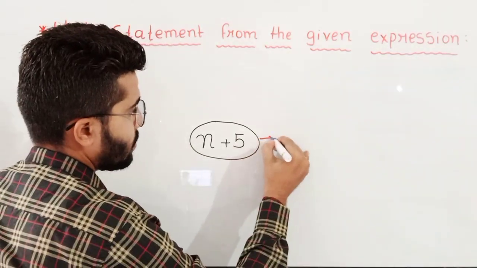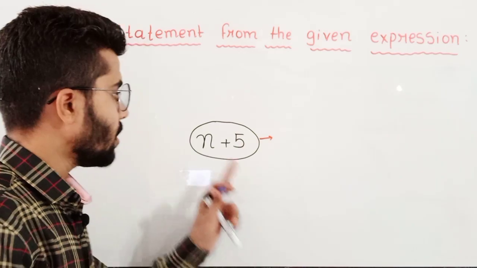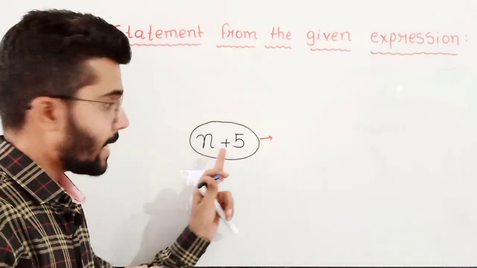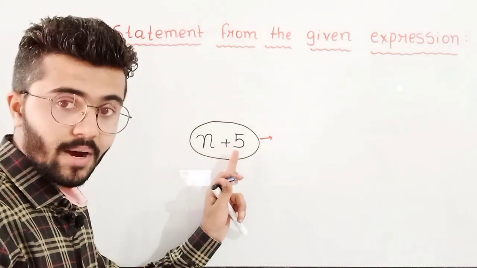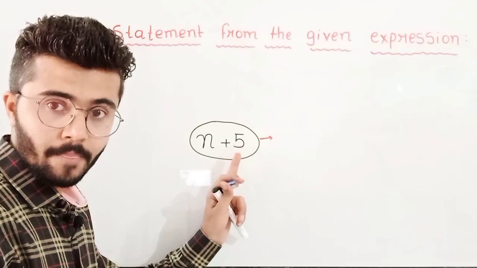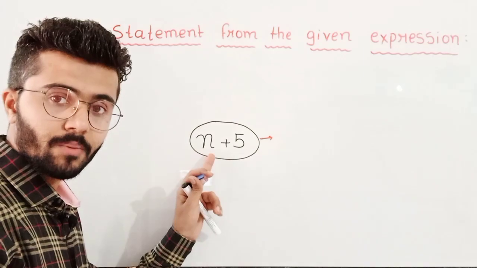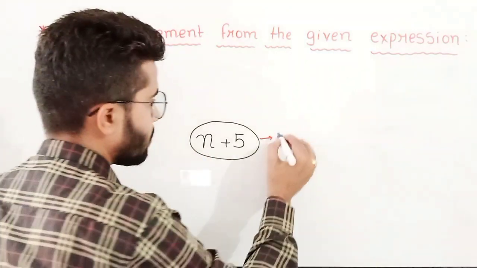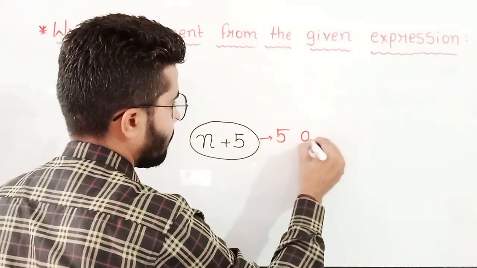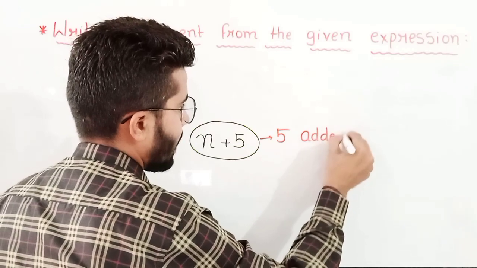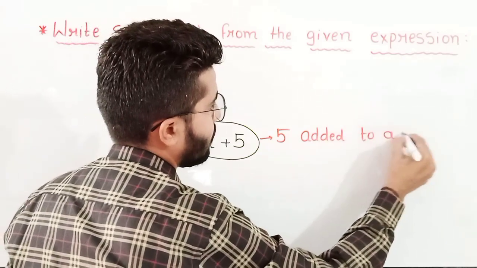So first statement, can we say that a number added to 5? Yes or no? Or you can say 5 added to a number. So that is the first statement, 5 added to a number.